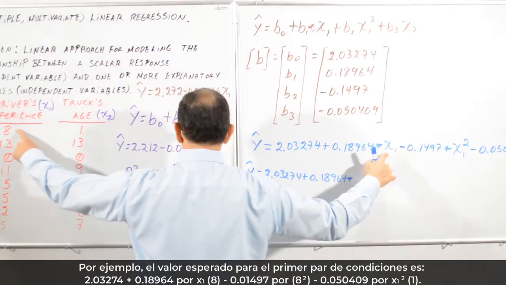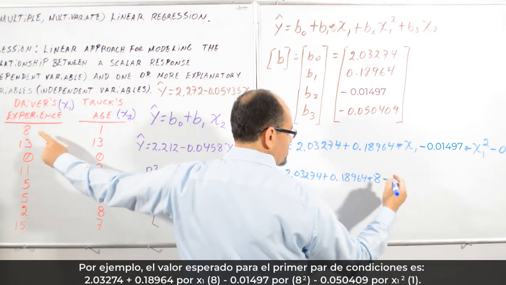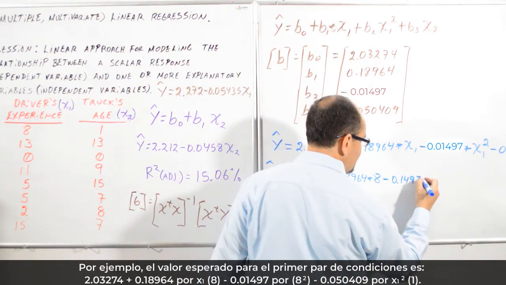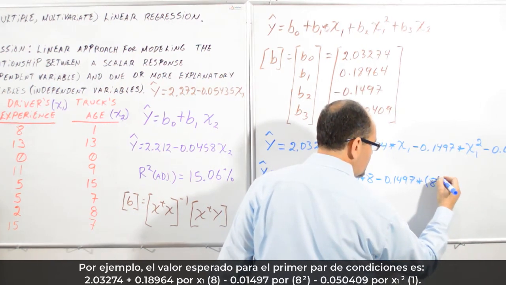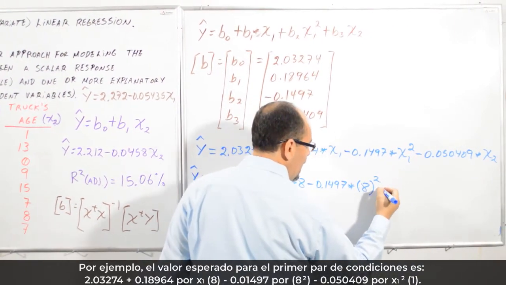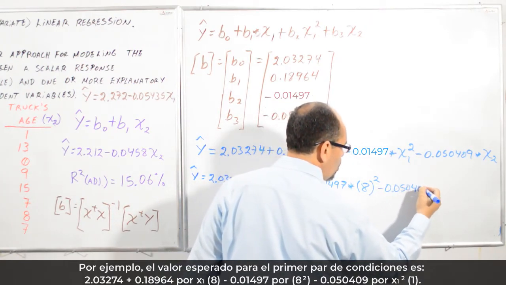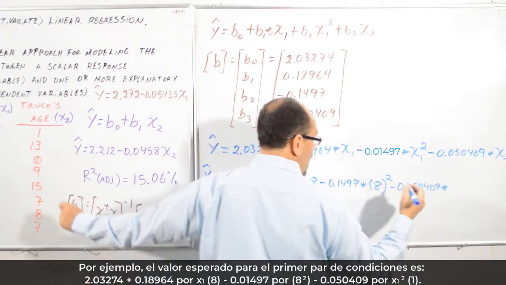X1 for the first value is 8, minus 0.1497 times 8 squared, minus 0.05049 times X2, which is 1.